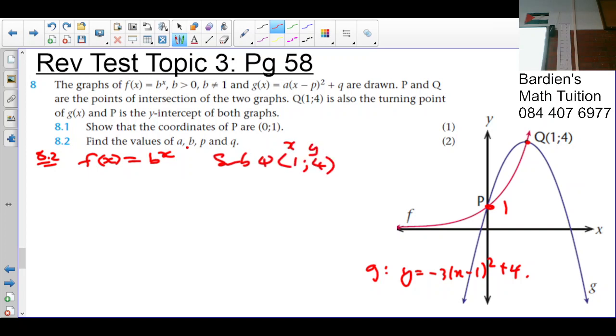Again, that's an x and a y. So 4 is equal to b to the 1, so b is 4. So the equation of f of x is simply 4 to the x. Any confusion?